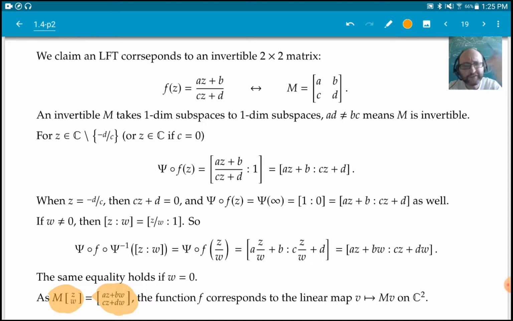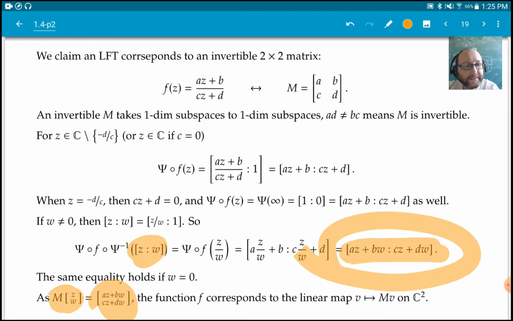I'm thinking of this as a column vector now. If I think of the equivalence class in CP1 corresponding to this guy, that's precisely this guy. So it takes this to this, and it really corresponds to the map that takes a vector v to Mv in C2.